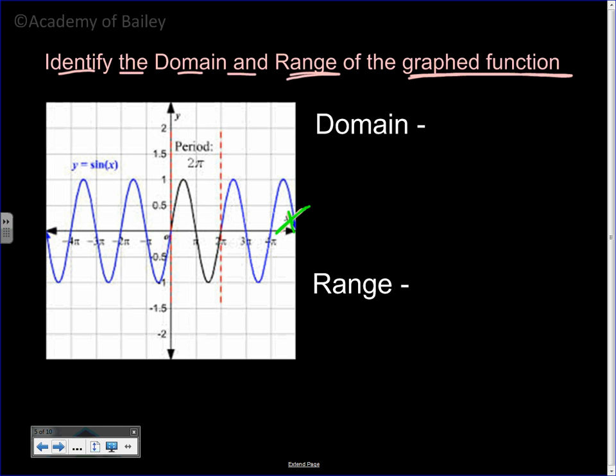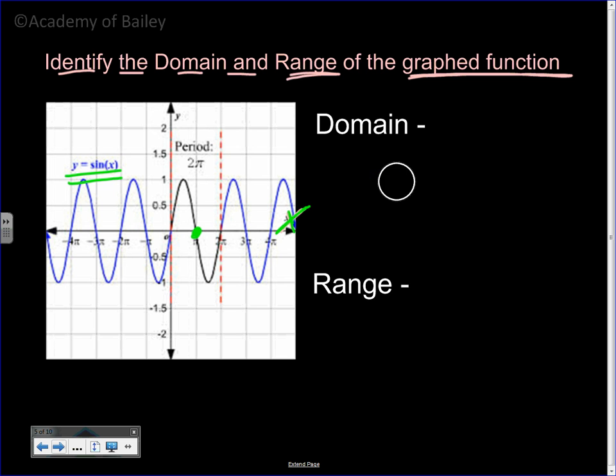If I were to plot this point right here, the function we're looking at is y equals sine of x. So this is a little bit different than the graph you're used to, because this point right here, you want to think of it as 1, 1, 0.